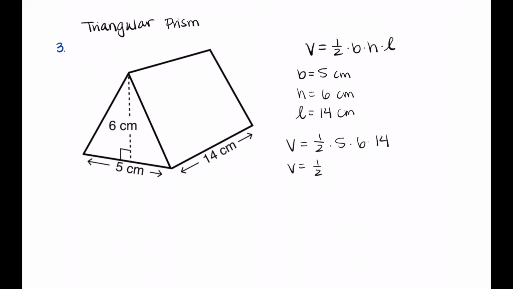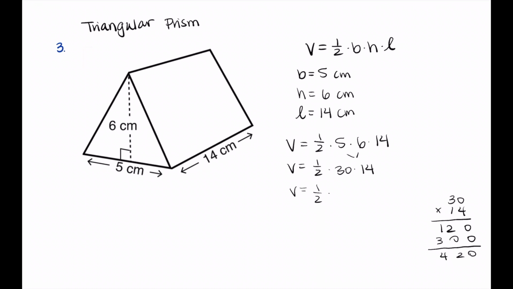V equals, we'll keep the 1/2, we know 5 times 6 gives us 30, right? So then we'll have V equals 1/2 times 30 times 14, and we will do 30 times 14 on the side here. We'll do that multiplication. When we do 30 times 14, we end up getting 420.